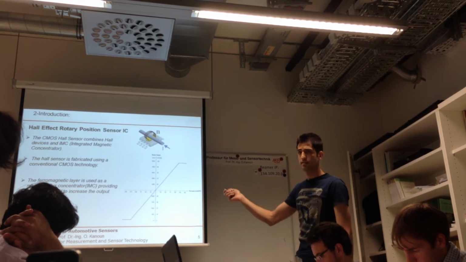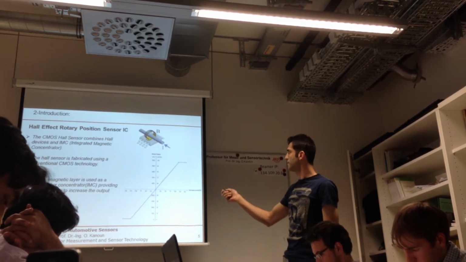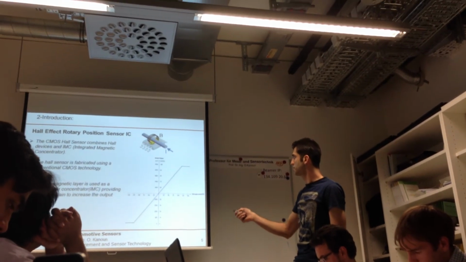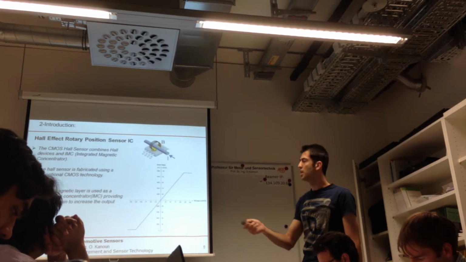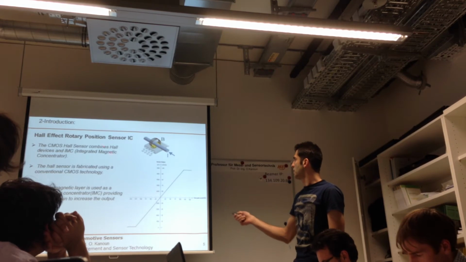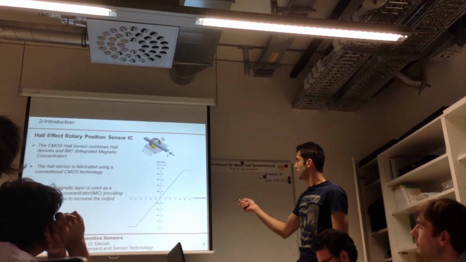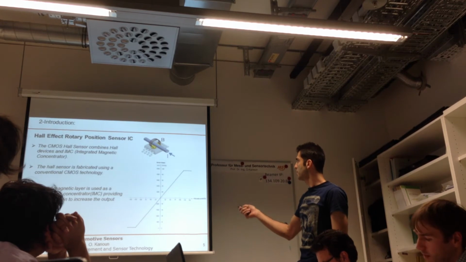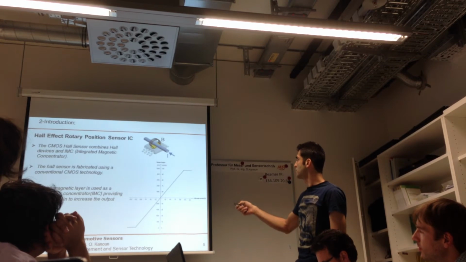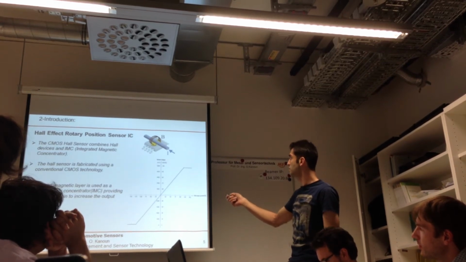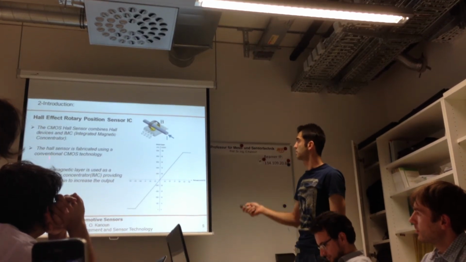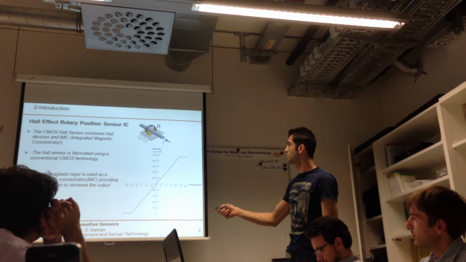Here it's an IC, and the function of this IC is to measure the Hall effect. These yellow parts are IMC, an abbreviation for integrated magnetic concentrator. The function of the IMC is to amplify the Hall effect, to help the IC measure the Hall effect more easily.